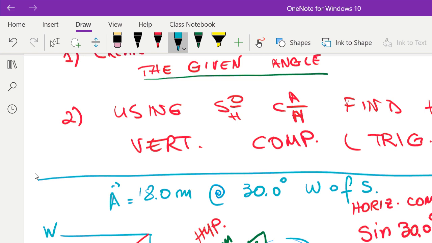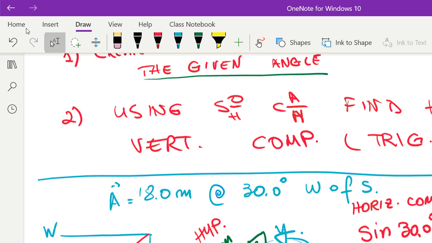The vertical component is y, so cosine 30 is equal to y over the hypotenuse, or over 18.